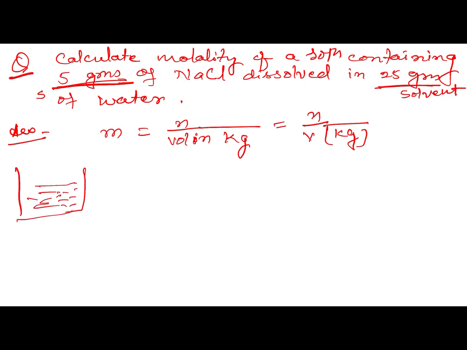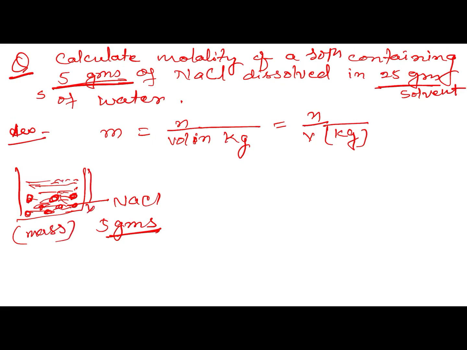The amount of sodium chloride is 5 grams, this is mass of sodium chloride. And the solvent amount is given here as 25 grams, but it is given in gram.